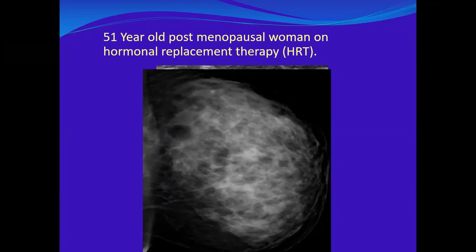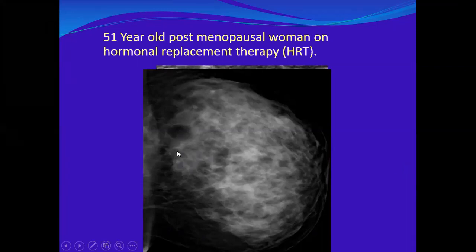Okay, I see an asymmetry at the central mid breast. You can see? At the central breast, posteriorly. Here?